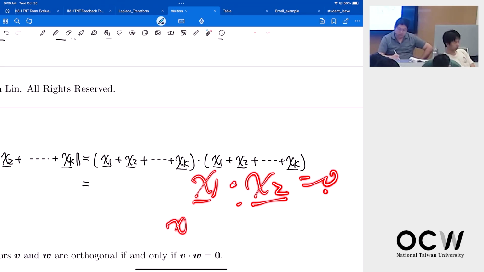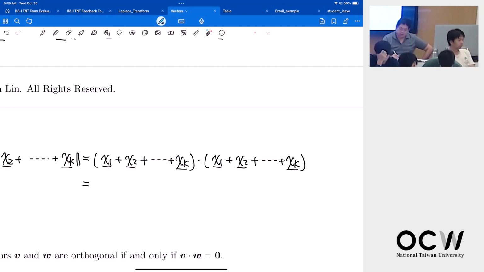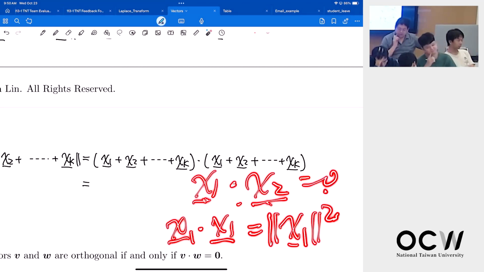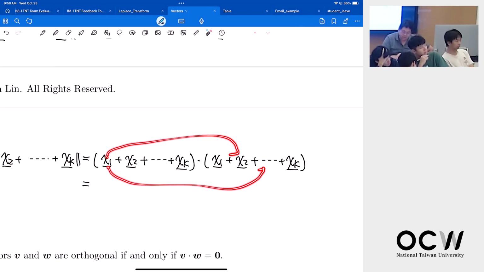But x1 dot x1 itself, that's the norm squared. If you dot product with other vectors, there will be all 0. So x1 dot x2, 0. x1 dot x3, 0. xk, 0. Only x1.